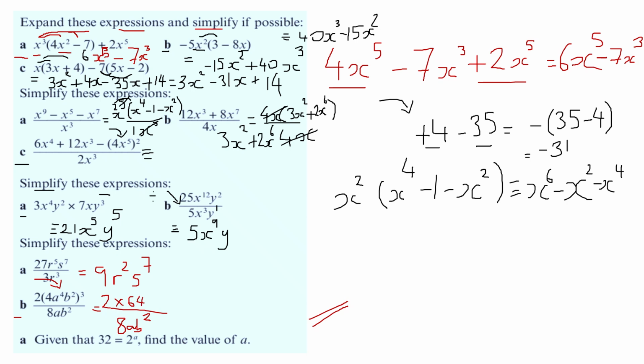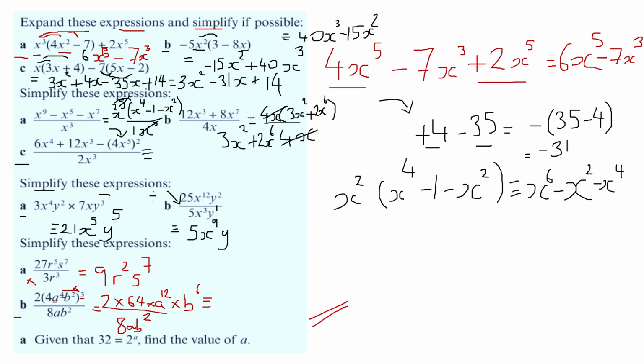Then I've got a to the power of 4 all cubed. When I've got a base raised to a power in brackets raised to another power, what do I do, guys? I multiply those powers. So a to the power of 4 all cubed is a to the power of 12. Then I've got b squared all cubed, which is b to the power of 6.